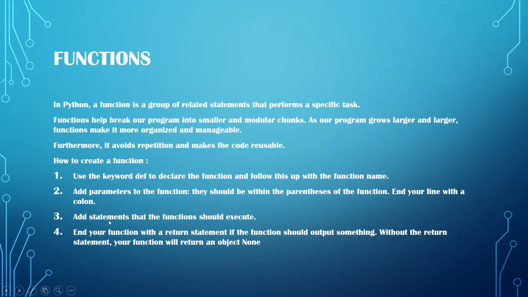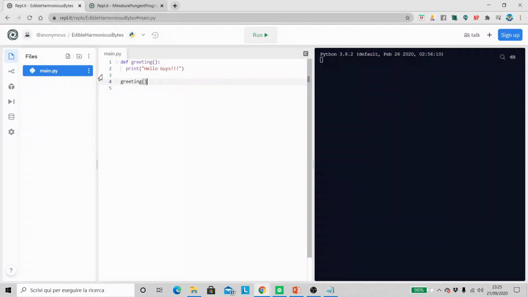We have to add statements that the function should execute, and in the end, finish your function with a return statement if the function should output something. Without the return statement, your function will return the object None. So let's start with an easy example.